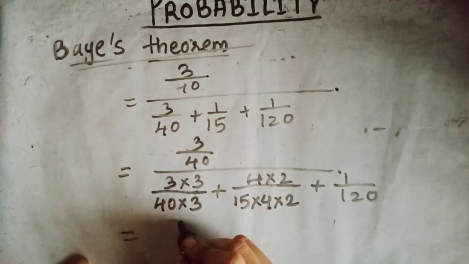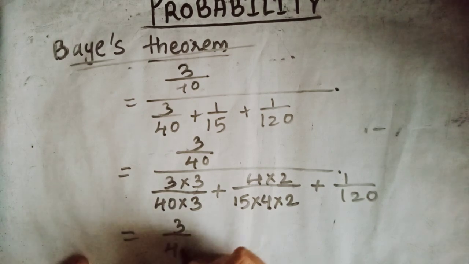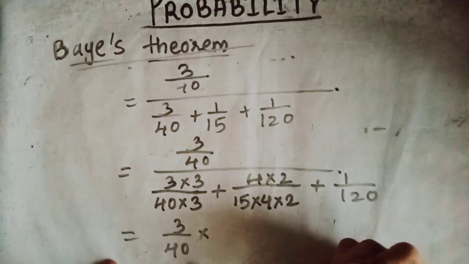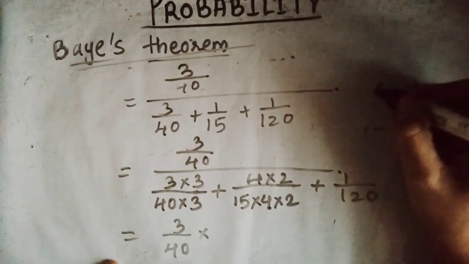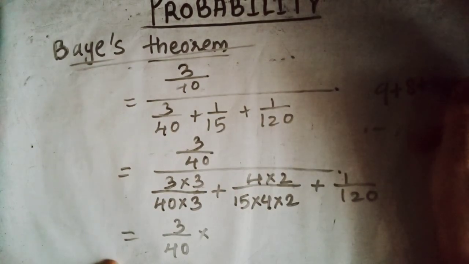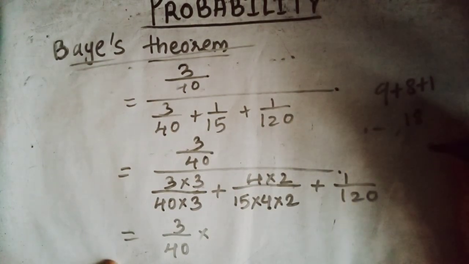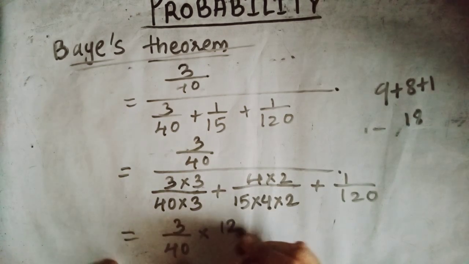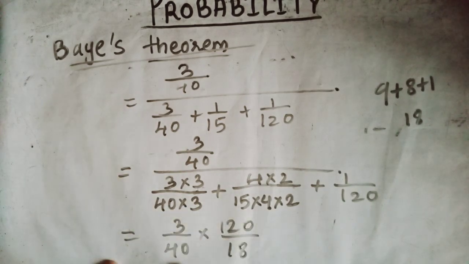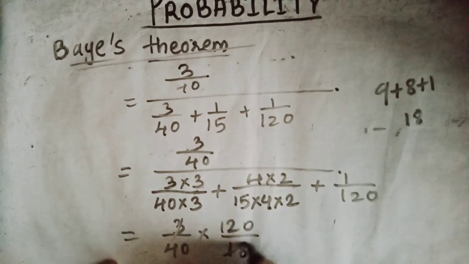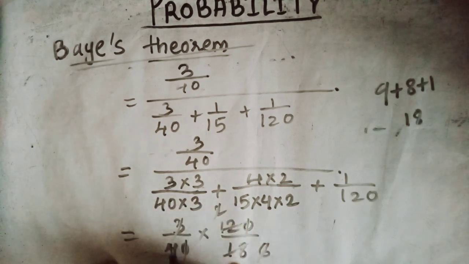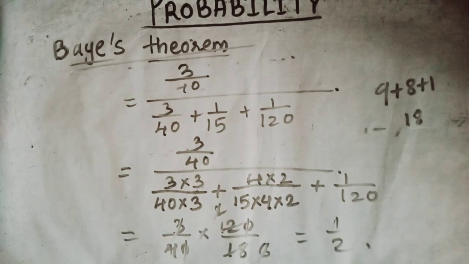So 3 by 40 into 120, and the sum is 9 plus 8 plus 1, which comes to 18. So this will be 3 by 40 into 120 upon 18, and 6 cancels, so it comes to half.